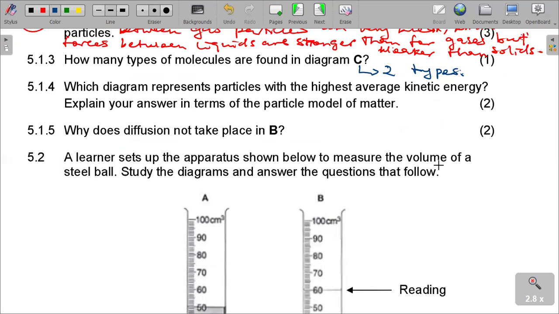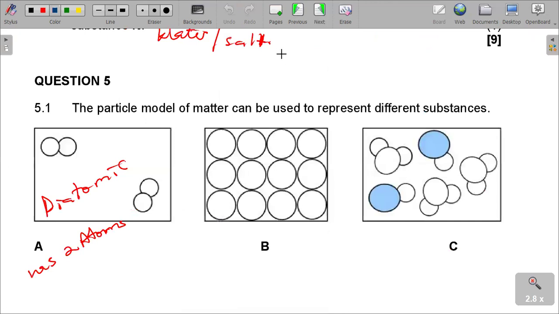Which diagram represents particles with the highest average kinetic energy? Explain your answer in terms of the particle model of matter. The highest kinetic energy we find in A, because the spaces between particles of gases are largest.